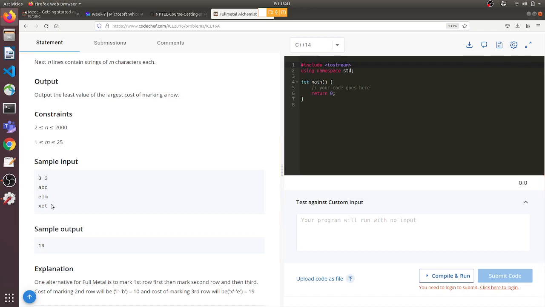We have to report the maximum value that is obtained which we have obtained so far during marking. Least value of the largest cost.